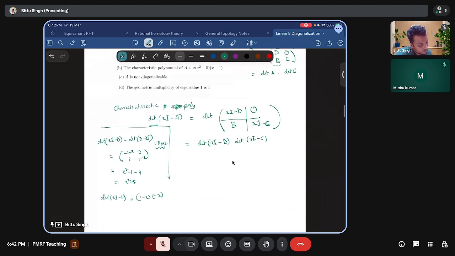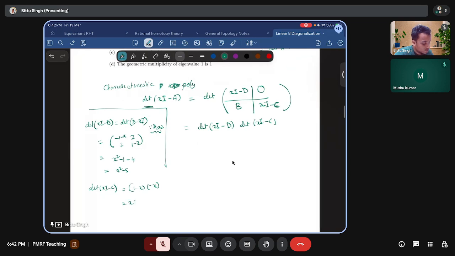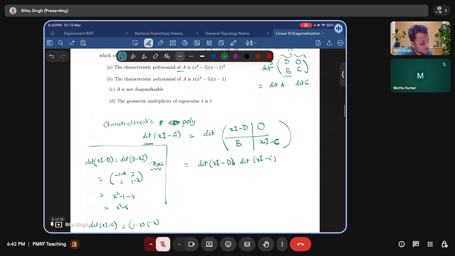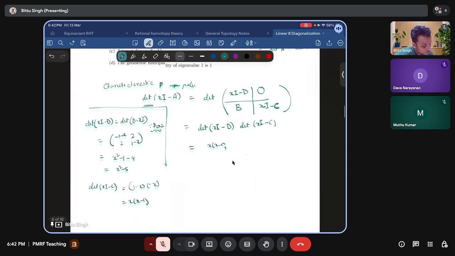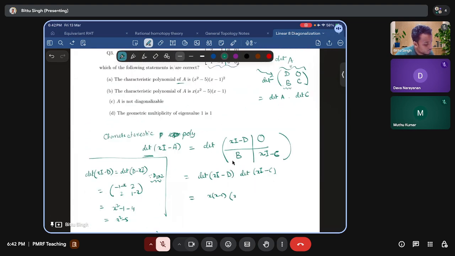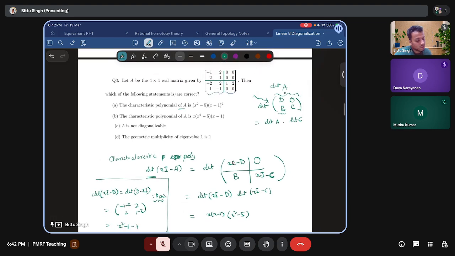That is x times x minus 1. Therefore, this determinant becomes x times x minus 1 times x square minus 5. So yes, it is clear that the characteristic polynomial is x times x minus 1 into x square minus 5.